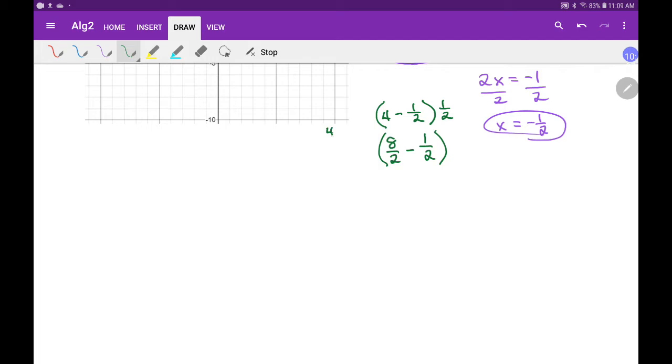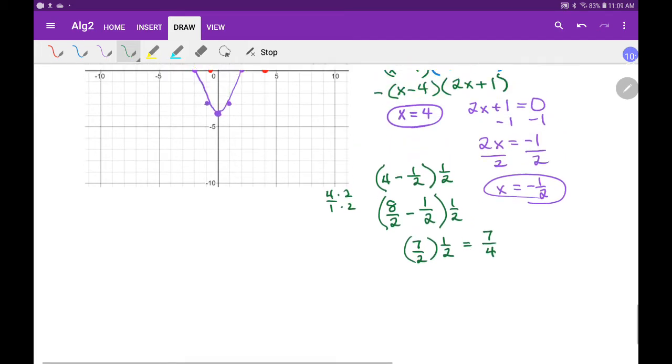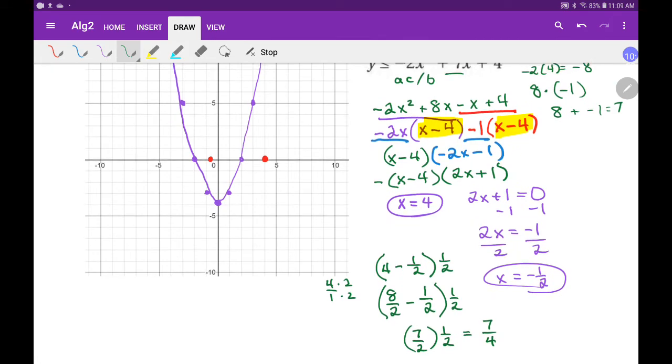Just to be clear, I have 4 over 1, and I multiplied the top and the bottom by 2. So I have 8 over 2. Take away 1 over 2, that's 7 over 2. I have this 1/2 out here because when I find the average, I have to divide by 2. And that's 7 over 4. So 7 over 4, for purposes of graphing, is almost 2, right? It's almost 2. So let's look here. Right here is almost 2.